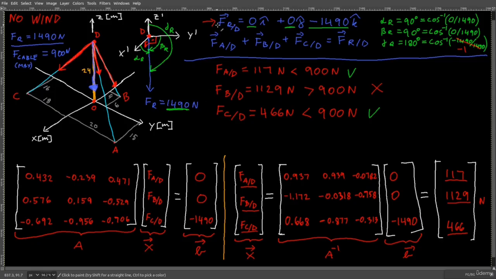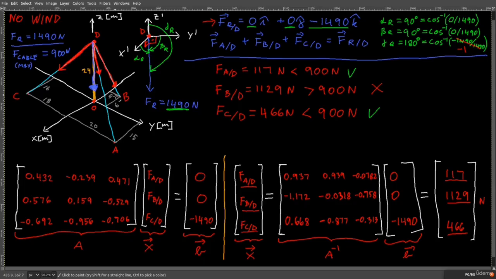But in general, the situation is not okay. Because if this is the force resultant vector that you want, then with the cables that you have currently, this cable that goes from D to B, it will break. So either you have to lower your expectations, or you need to get stronger cables.